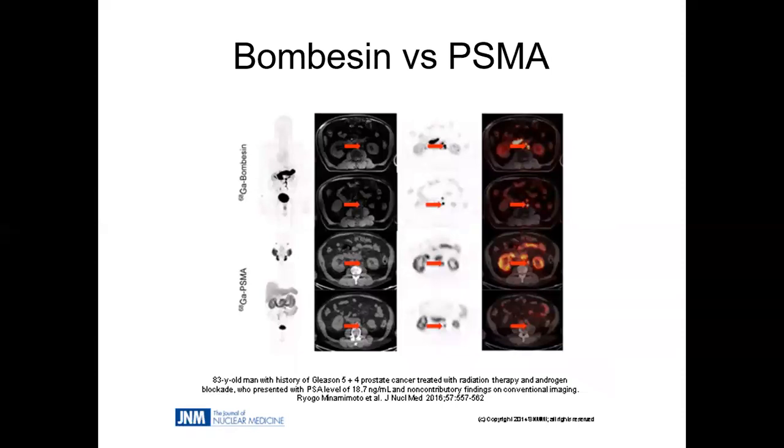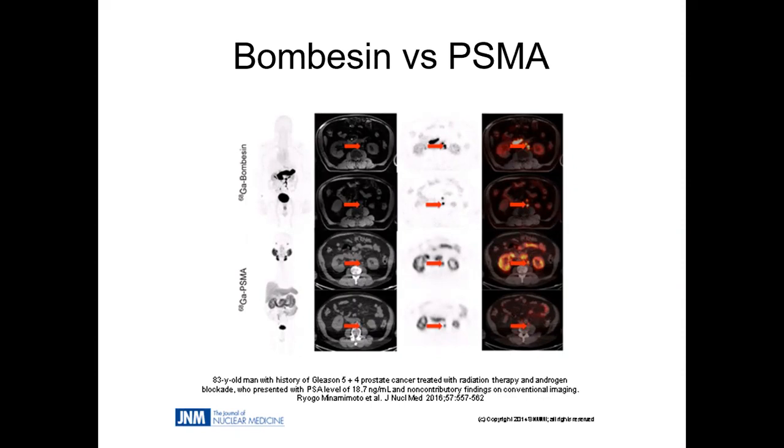So in 2016, some people tried to compare bombesin with PSMA. This is a Japanese study. What they found was that in the majority of patients, PSMA did have more lesions seen than bombesin.